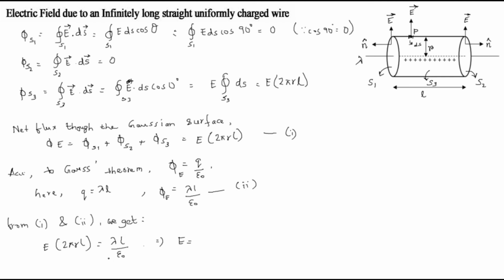This L cancels out with this one, and we are left with 1 by 2 pi epsilon naught lambda by r. Or if we write in a better or more common way, we can write it as 1 by 4 pi epsilon naught, multiplying 2 in the numerator as well as in the denominator, 2 lambda by r.